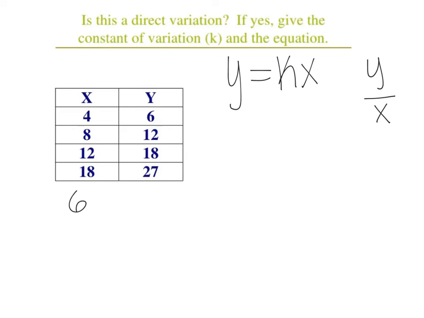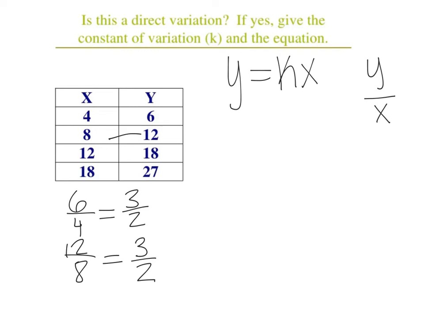So for the first one, 6 over 4, that reduces to 3 over 2. When I do 12 over 8, that also reduces to 3 over 2. So far looking like a direct variation. Let's keep going. 18 over 12 reduces to 3 over 2.